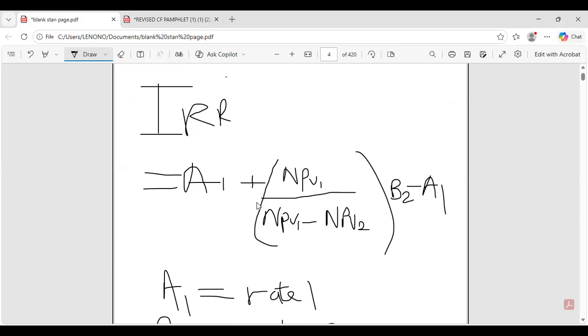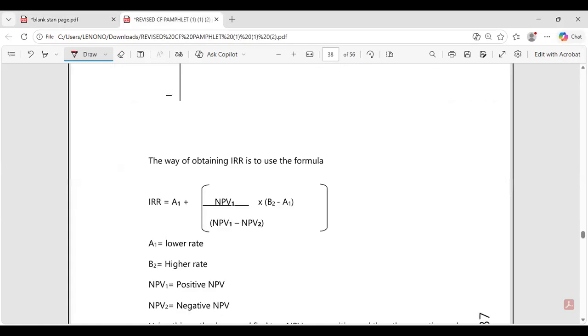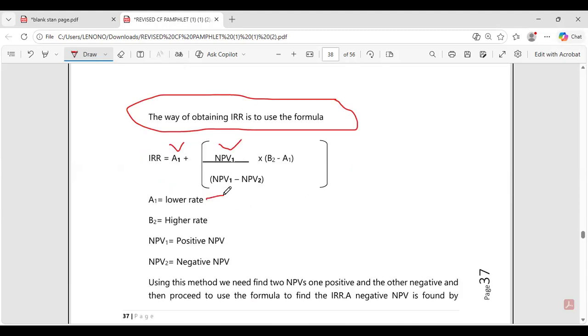Okay. So you have seen this one. So we're obtaining the internal rate of return formula. Internal rate of return: A1 is rate 1, NPV1 over NPV1 minus NPV2, times B2 minus A1. So A1 is the lower rate.